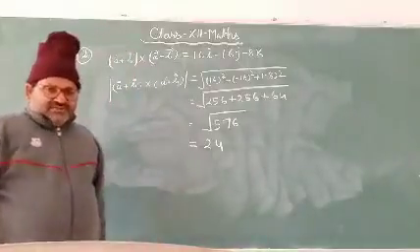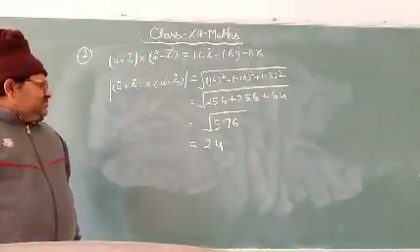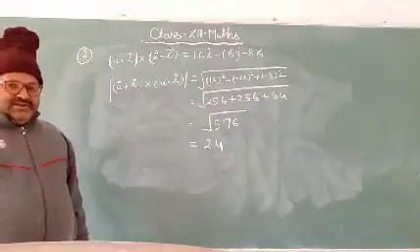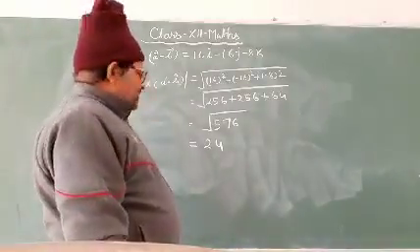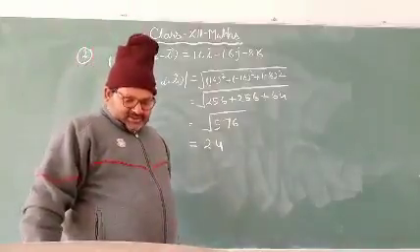The modulus of vector A plus B cross product vector A minus vector B is 24.